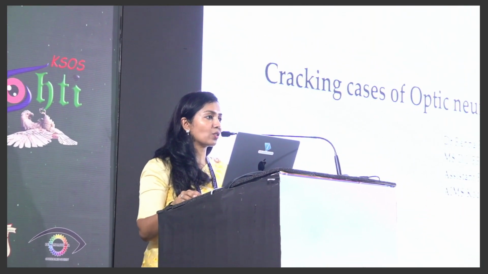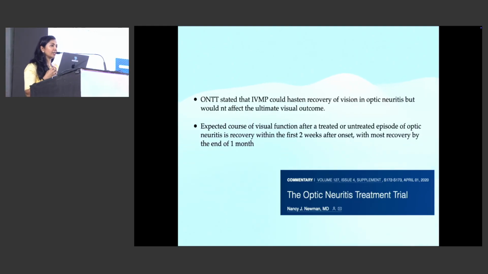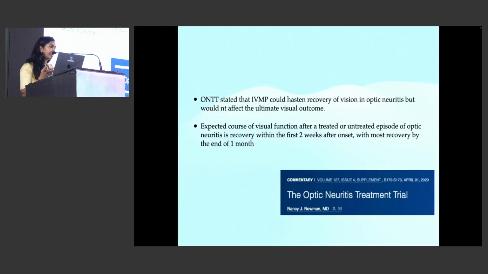So, cracking cases of optic neuritis. You know that the earliest and the largest trial on optic neuritis was done years back, in cases of acute optic neuritis. It came to a conclusion regarding the prognosis, the outcomes, and the clinical profile of patients.